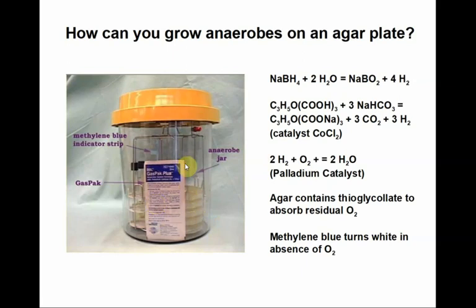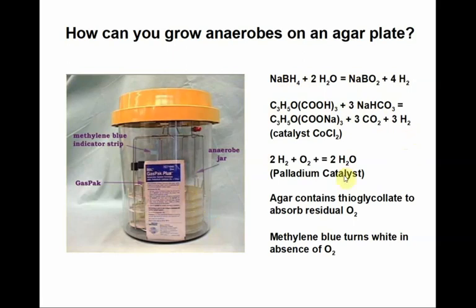What you have in here is a mixture of sodium borohydride, which will react with water to give you sodium borate and hydrogen gas. And you also have citric acid and sodium bicarbonate, and when you add water to that, they'll react together and produce carbon dioxide and hydrogen.